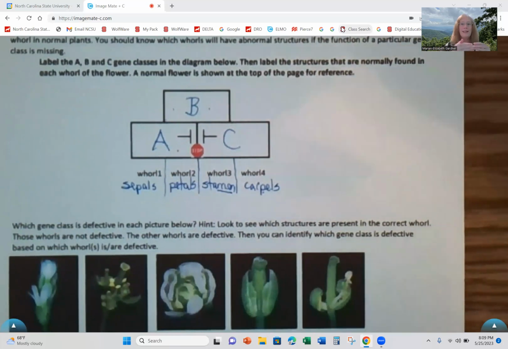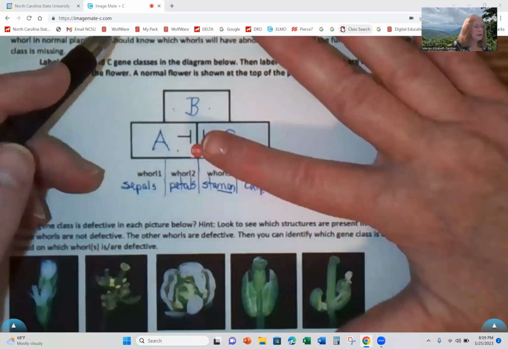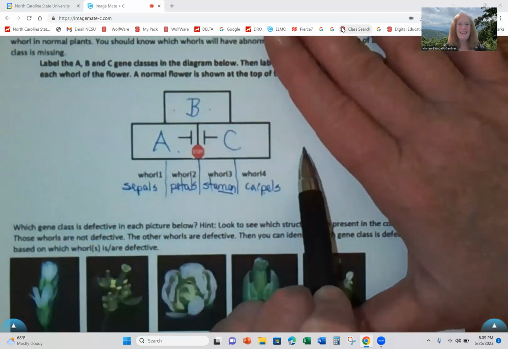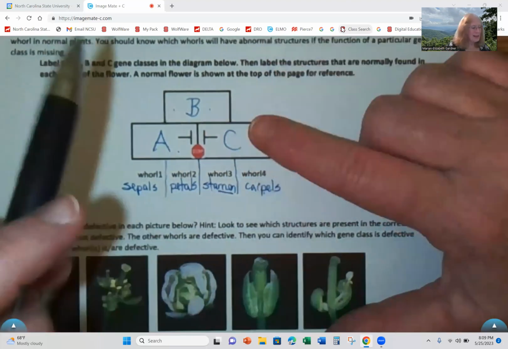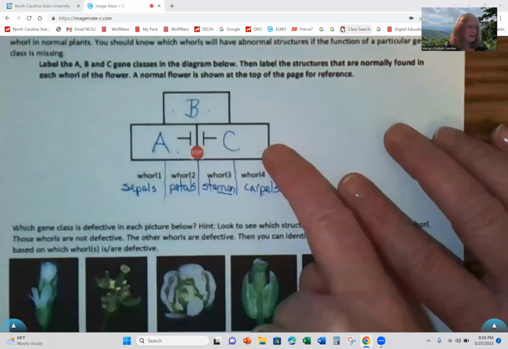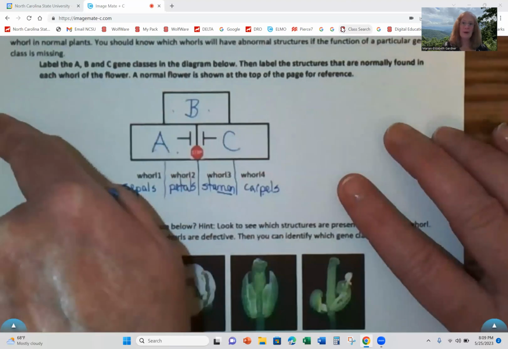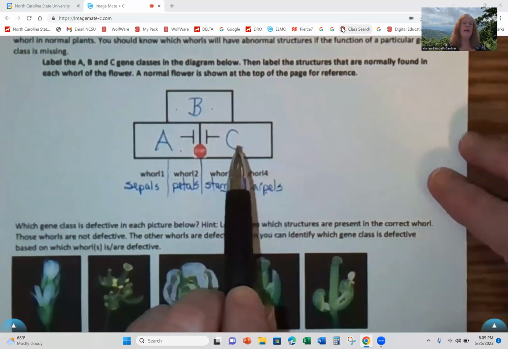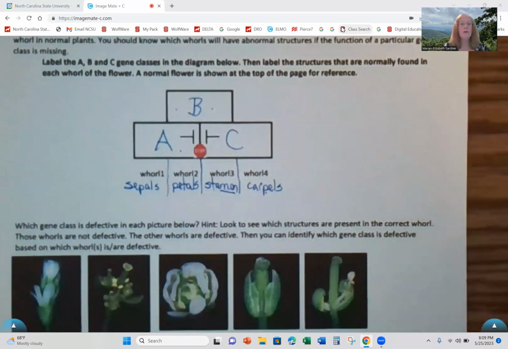If they're both present, they toe the line right in the middle where they're supposed to. But if there's a C mutation, effects of A will trickle over into these inner whorls. And if there's an A mutation, effects of C will trickle outward. That's just something to remember. The other thing is that the C gene holds the number of whorls to 4. If we have a C gene mutant, sometimes we get more than 4 whorls.